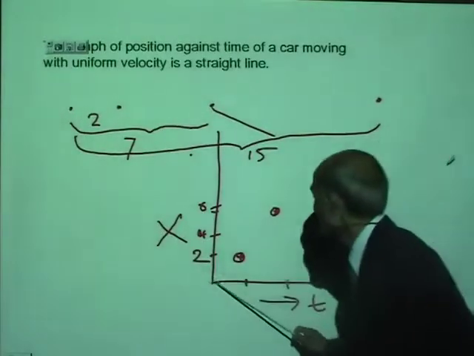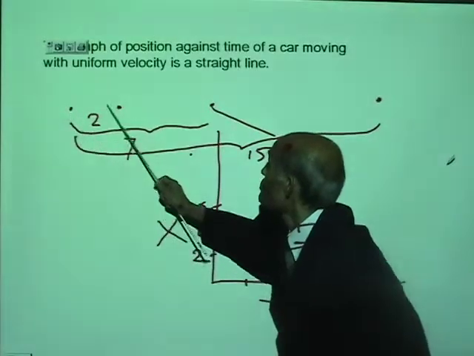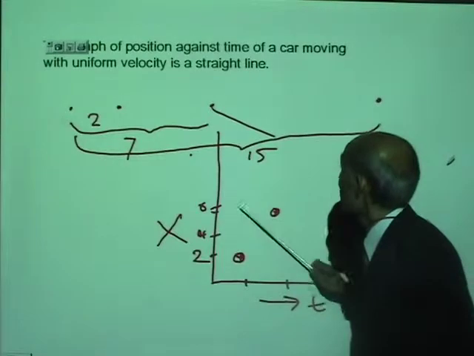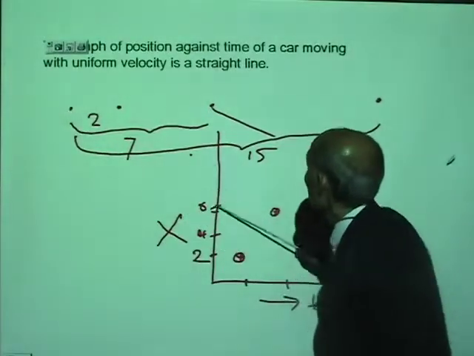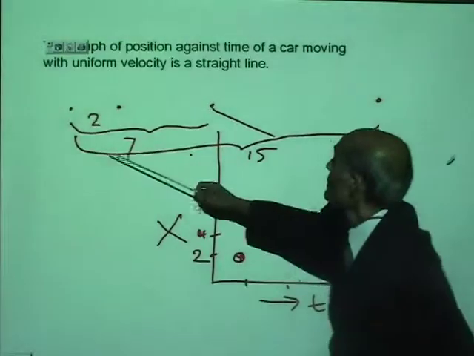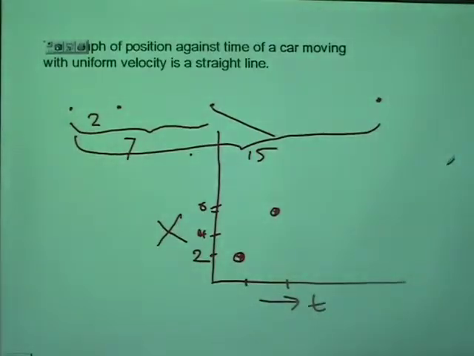So, at the end of the first second, our car traveled a distance of 2 meters. At the end of the second it has traveled a distance of 7 meters. It is here. At the end of the third second, it has traveled a distance of 15 meters. Where do I mark that 15? It will be somewhere over here, and so you can see the graph is going to curve up.